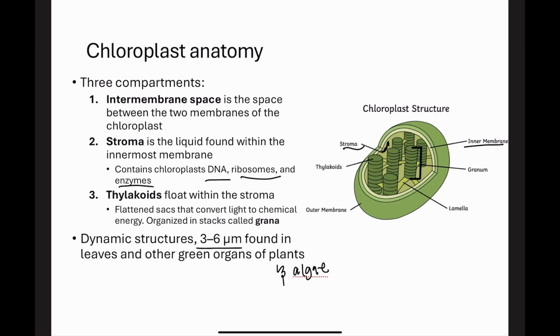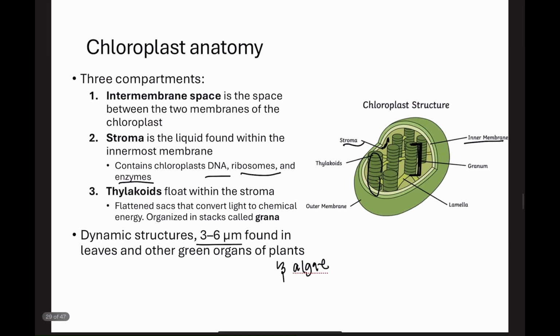Thylakoids are flattened membranous sacs, and they're extremely involved in capturing light. In some regions, our thylakoids are stacked into grana, which is what one of these entire things is. The purpose of it is to increase the surface area for photosynthesis. So our chloroplasts are divided into those three components: intermembrane space, stroma, and thylakoid membranes.